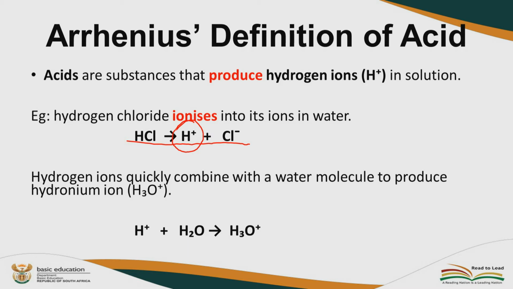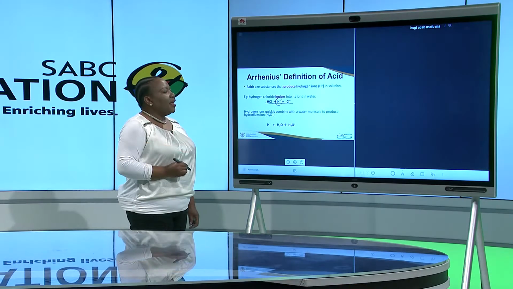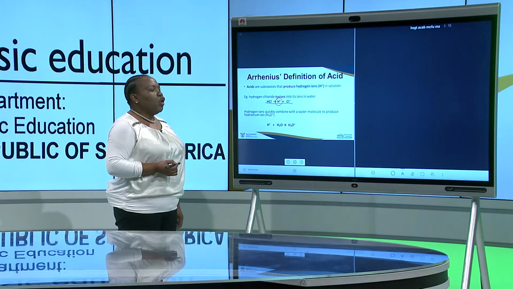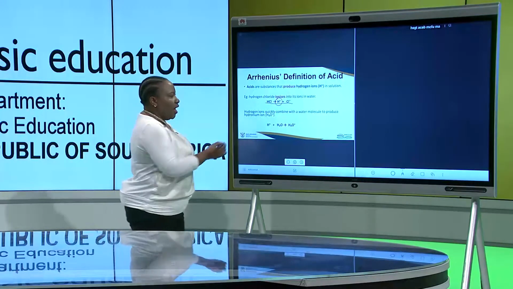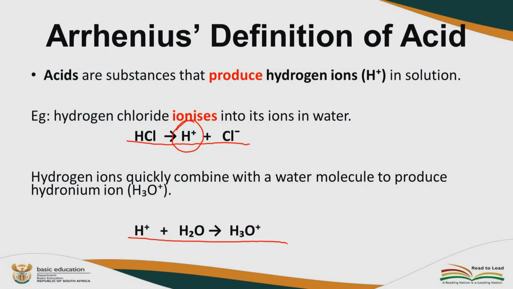The hydrogen ion quickly combines with a water molecule to form a hydronium ion. The second reaction is actually the combination of the first reaction. What hydrochloric acid does is give away a hydrogen ion, and because it is reacting with water, water will accept the hydrogen ion and form a hydronium ion.